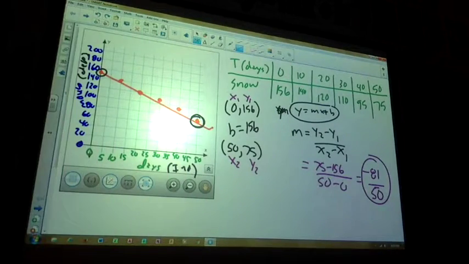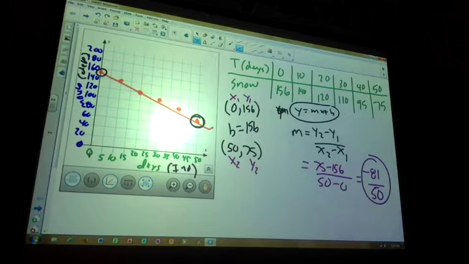If I'm decreasing with our slope, does it make sense to have a slope that's negative? Yeah. So what does negative 81 over 50 say about the slope in the context of this problem? There you go. The snowpack is decreasing 81 inches every 50 days.